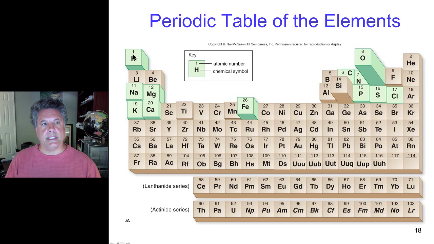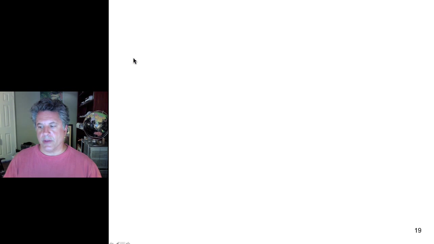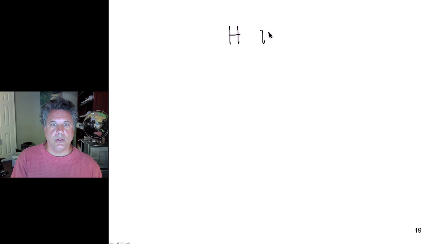So for hydrogen, its atomic number is 1, meaning it has 1 proton. And unlike the other elements, there's no neutron in the nucleus there. So it has one proton and one electron. Well, then we can draw this out as follows. There's hydrogen, it has one proton and one electron. So here's the nucleus.